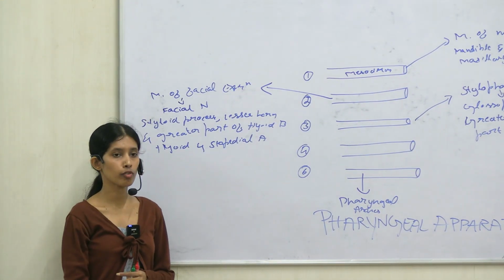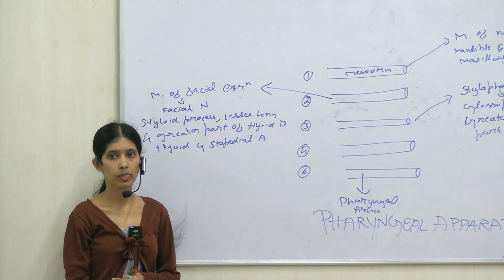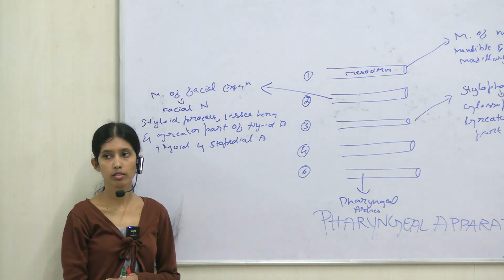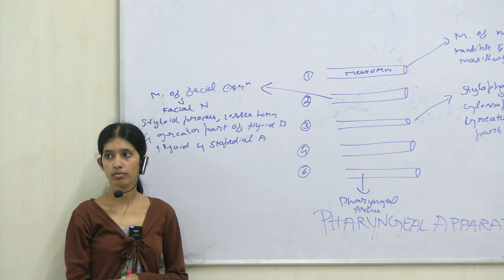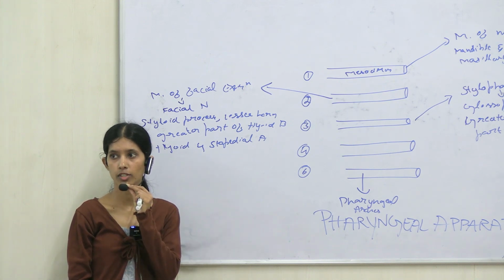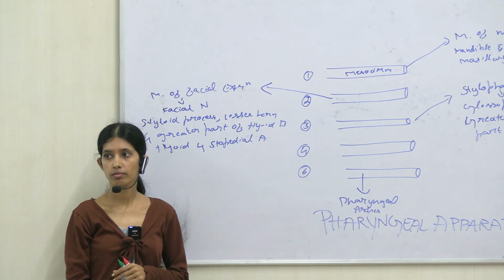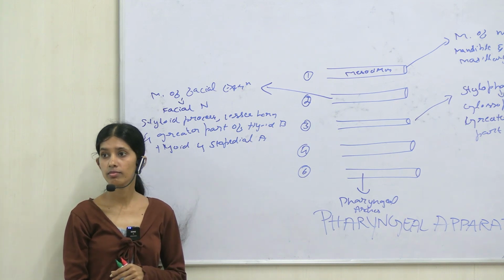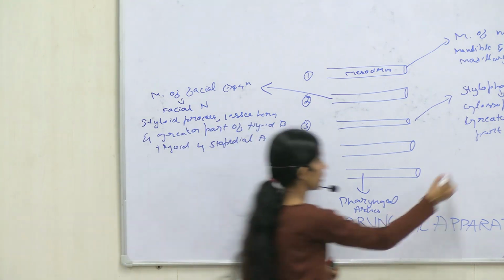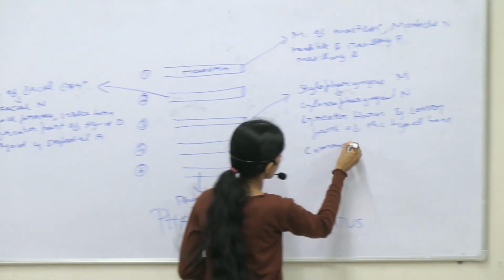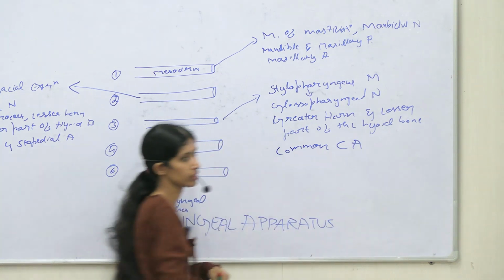Which artery is the derivative of your third aortic arch? Common carotid artery.